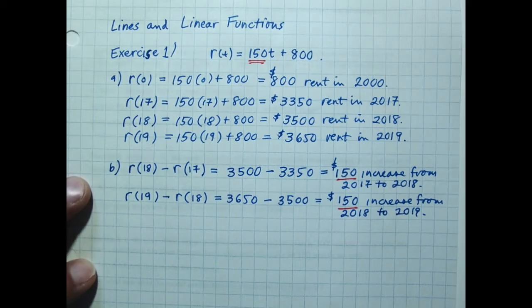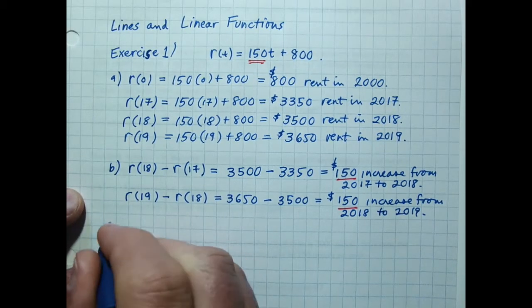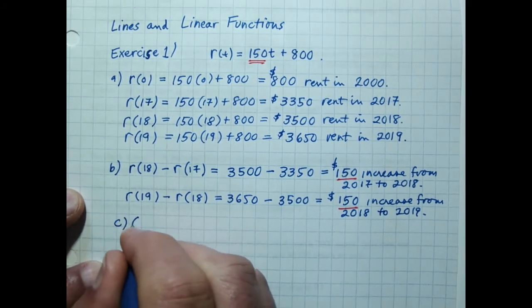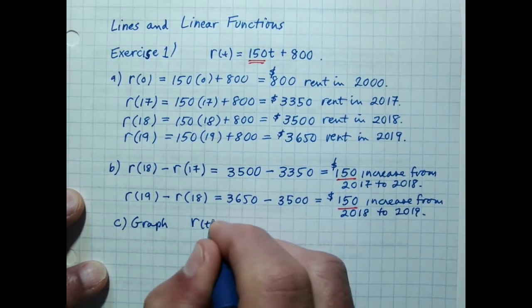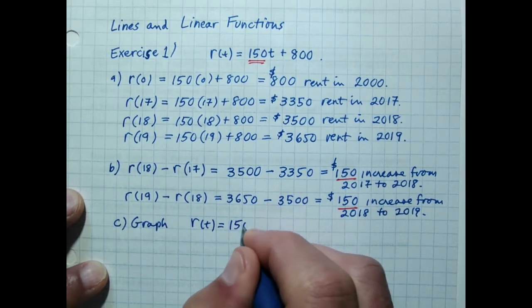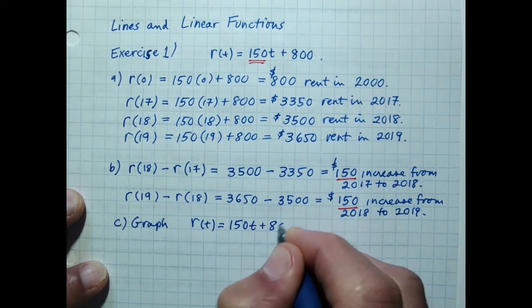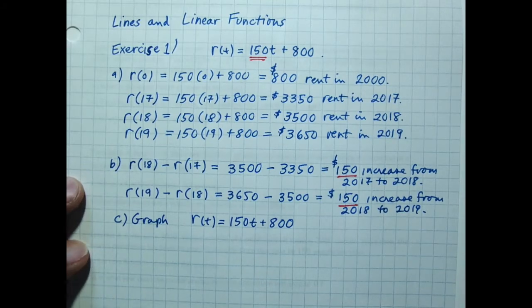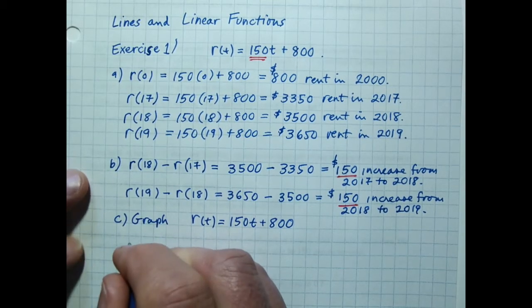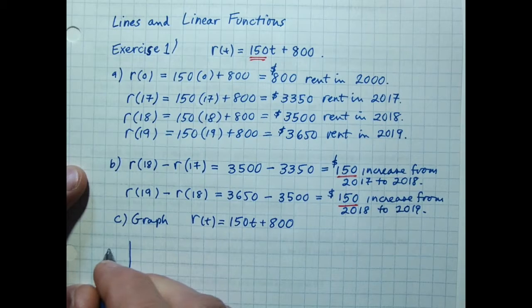So now in part C, we want to sketch a graph. And I'm just going to recopy the formula just so it appears on the screen here when I move the sheet of paper up. And I'm also going to write down some of these values that we've calculated in a table.